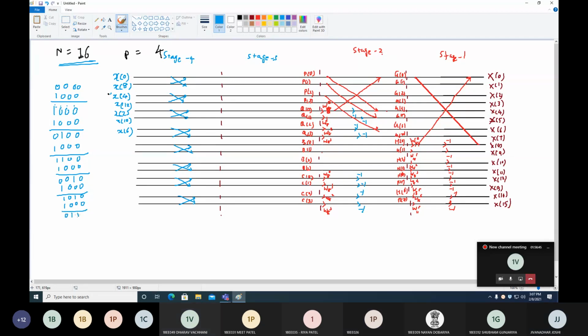So 4 plus 2 is 6. Again add 1 0 0. This is 1 1 1 0. How much is it? कितना आएगा बोलो? 14.